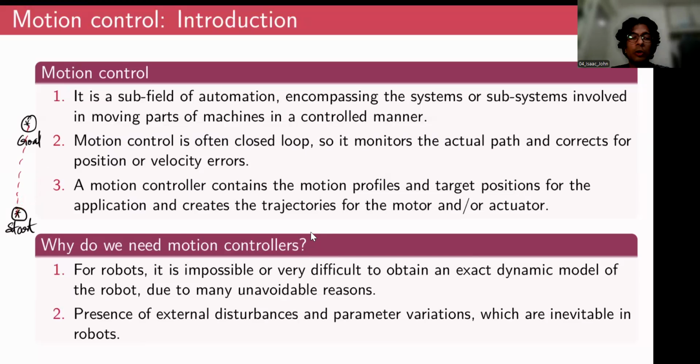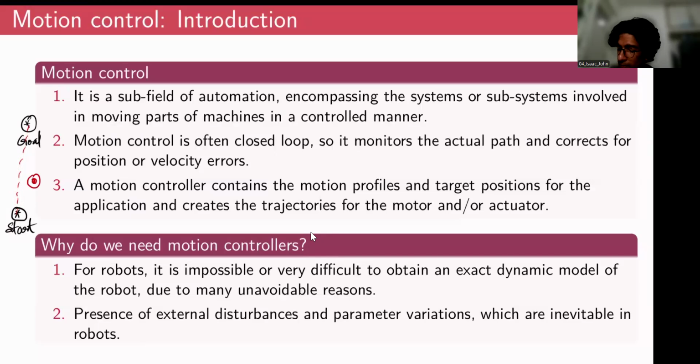So what a motion controller does is that if the error grows beyond the limit, or goes beyond the threshold, the motion controller will try to bring the robot back to the desired trajectory. That's the purpose of a motion controller, right?